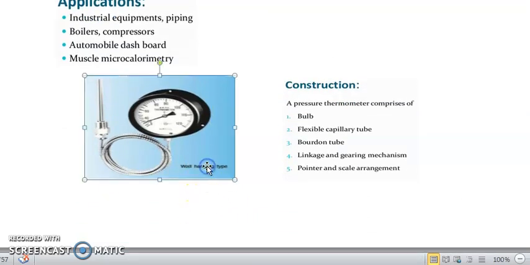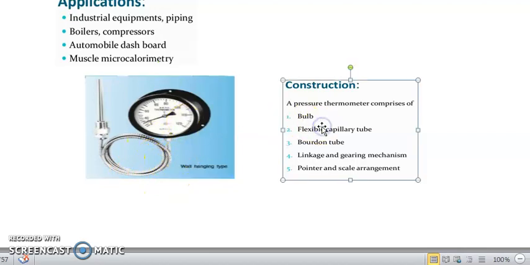So this is the diagram of the pressure thermometer that I have explained, and this one is the sensing part. This is the monitor or display device, and the data travels through these wires to the display device.